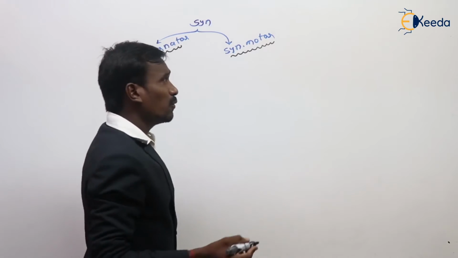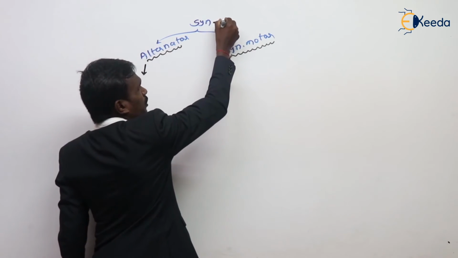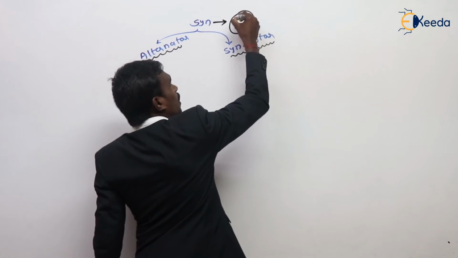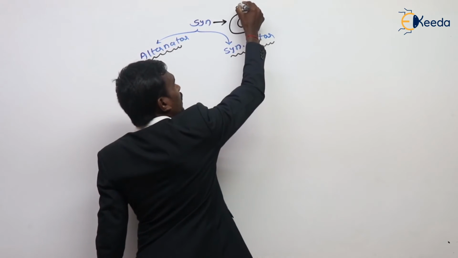Before that, we have to discuss the synchronous machine. A synchronous machine has one stator and one rotor.